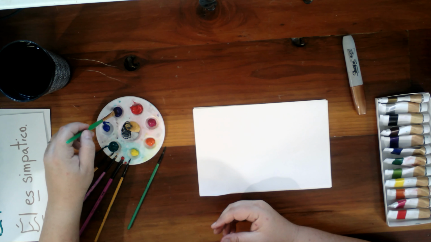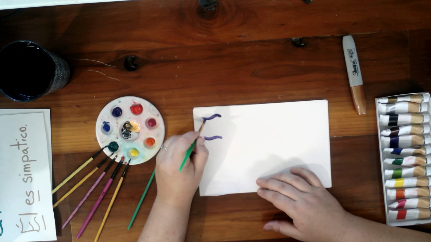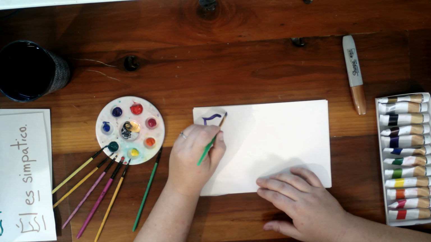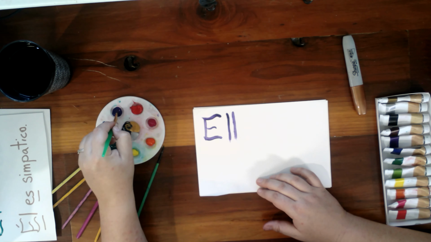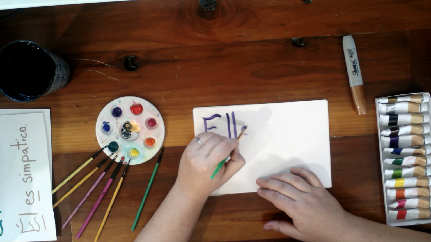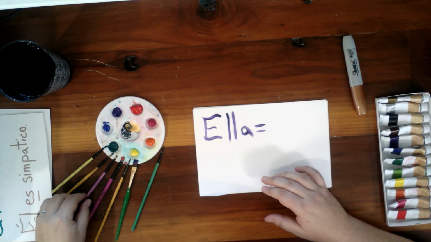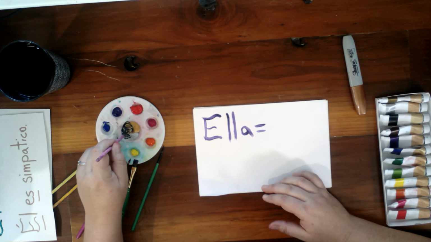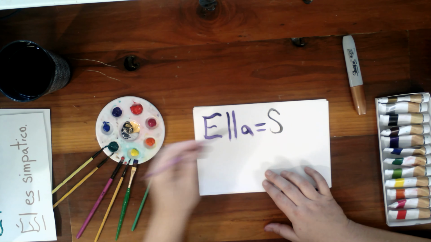Now my next third person pronoun is going to be for the feminine. So in English, we would say that as she. But in Spanish, we say ella. Repite, ella. Now remember that two L's together in Spanish make the Y sound, or ya.